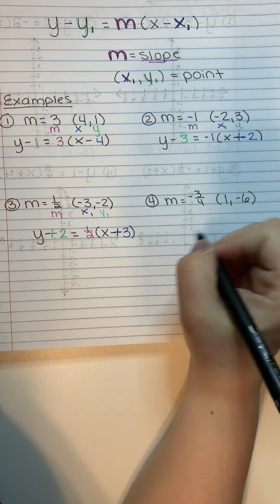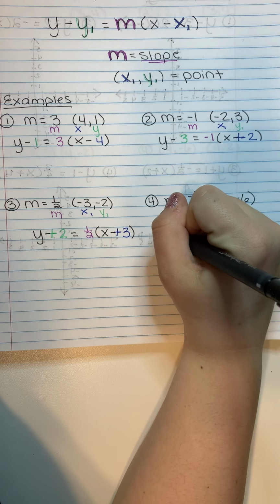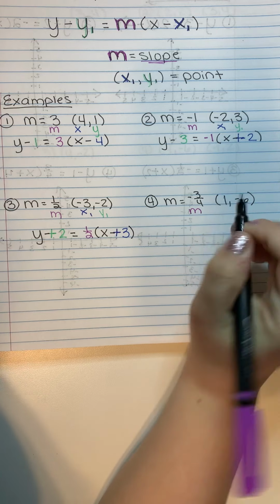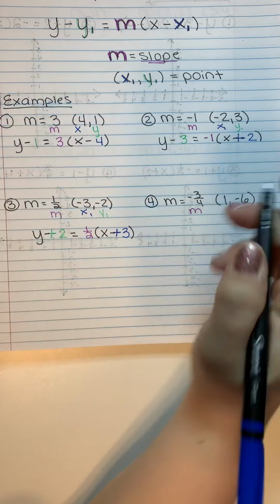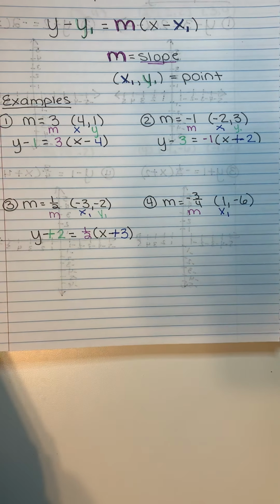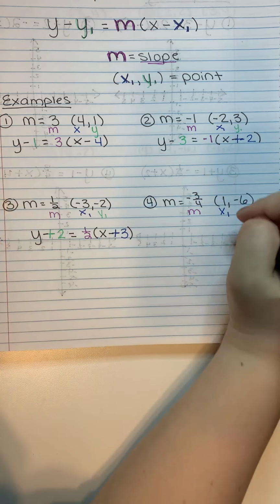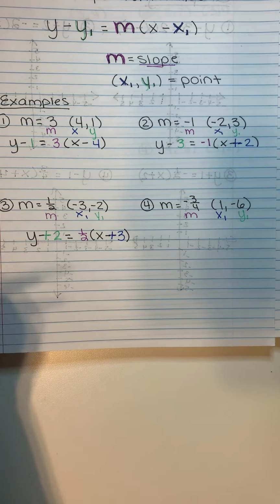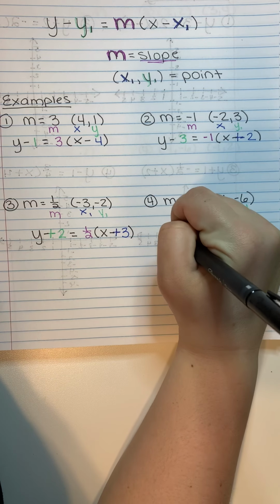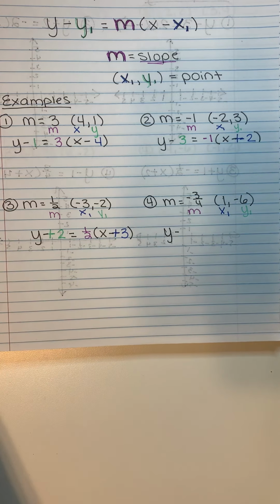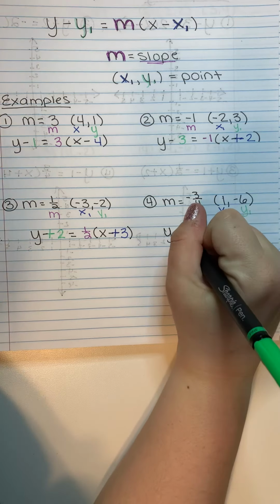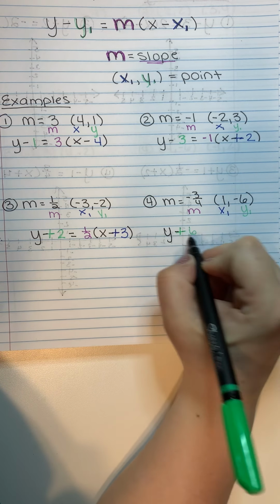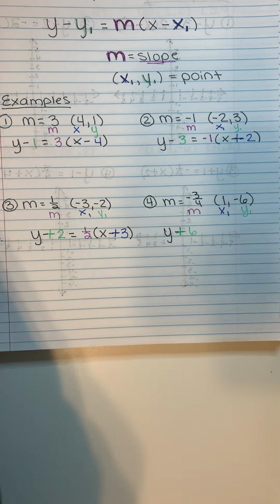All right, and then the last one here, we have our m, -3/4. Our x1 is 1, and our y1 is -6. We start off with y minus our y1, which is -6. Remember, this is really plus, the opposite in our form.